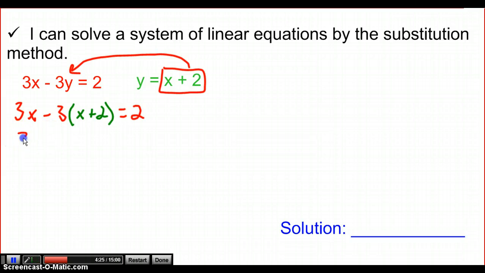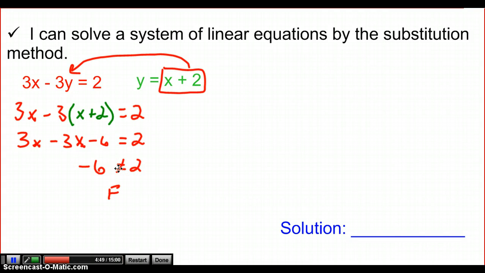If we distribute, we have 3x minus 3x minus 6 equals 2. The 3x and the negative 3x cancel out, so we have the statement negative 6 equals 2. And this is a false statement, a non-true statement.